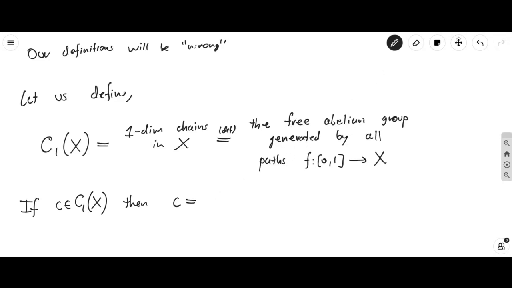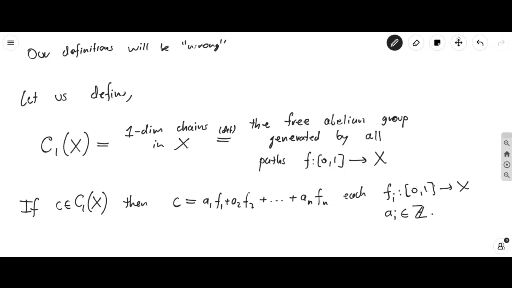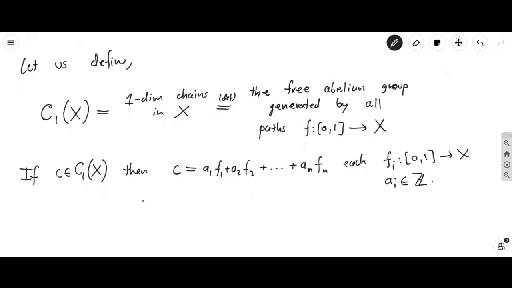So you're going to have a bunch of paths, let's say f1, f2, and then you might have a coefficient, a1 f1 plus a2 f2 plus, call it this, an fn, where each fi is a path in X, and every coefficient is an integer. And what I want to say here is this is a formal sum.